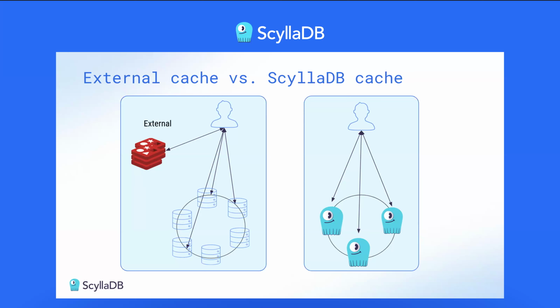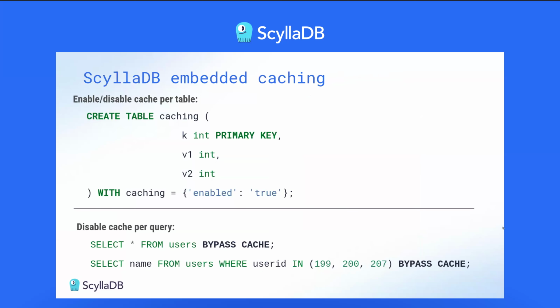It can also become more expensive. And so we have a lot of customers who went from having an external cache and their main database to just having ScyllaDB as their main database. And they use the internal embedded cache that ScyllaDB has because it's easier and less expensive to manage, but it still provides the performance that our users expect. We have SQL extensions to either enable or disable the cache, so you can customize it if you want to.